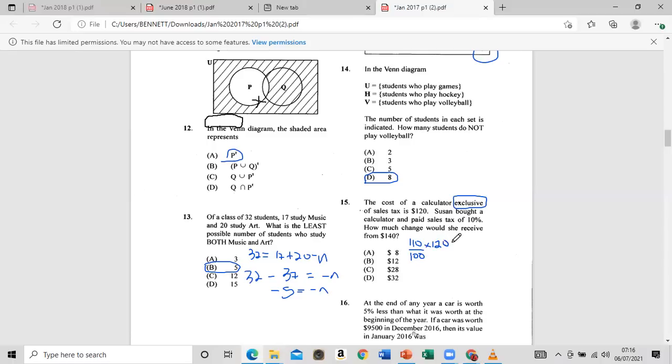So this times this, 11 times 12, that's 132. So how much change did I get? So it's 140 minus that to be your change. Everybody can calculate the change. So it's $8.